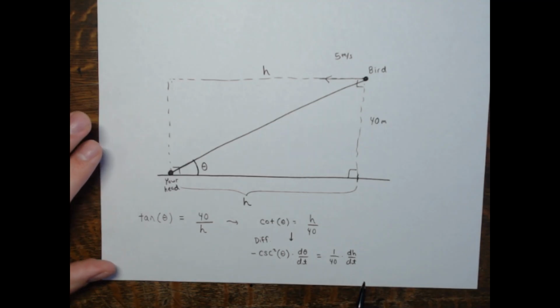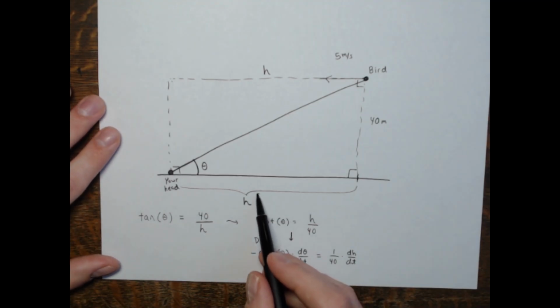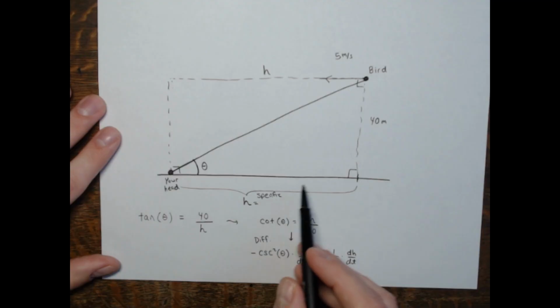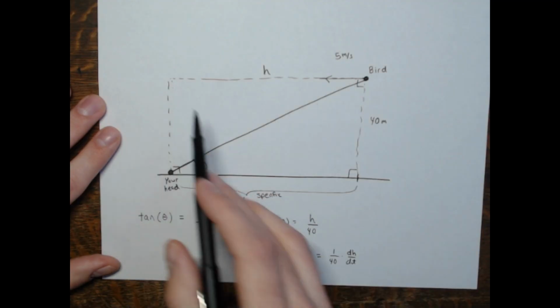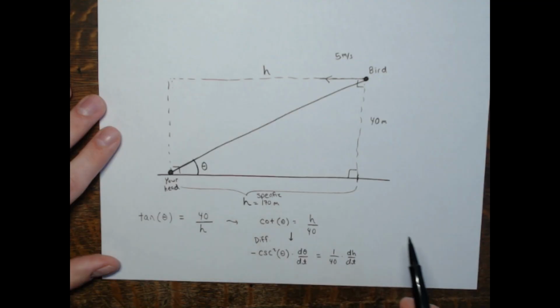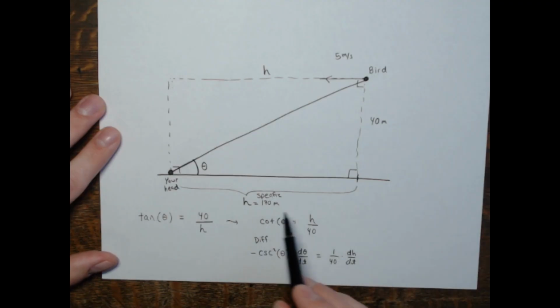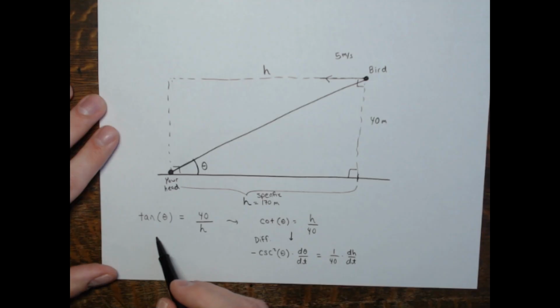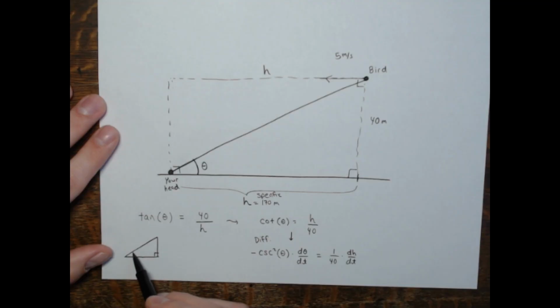So now we're at a specific moment, when this horizontal distance that the bird is from you is 170 meters. So that'll be the h. So at that specific moment, here is my triangle. Again, the angle theta, the height off the ground is 40 meters.